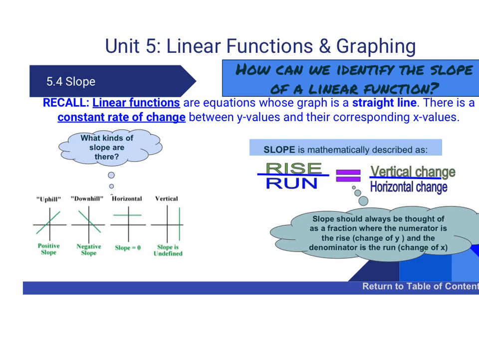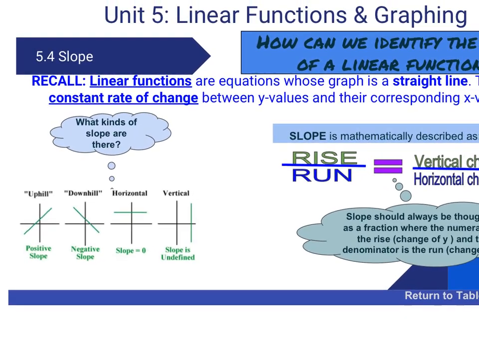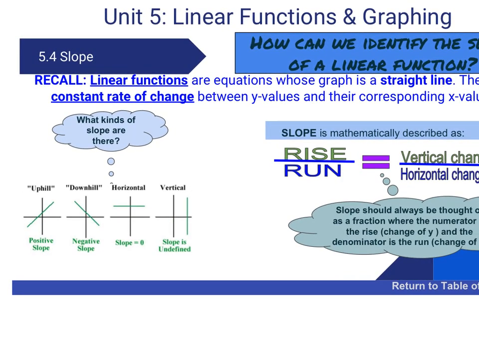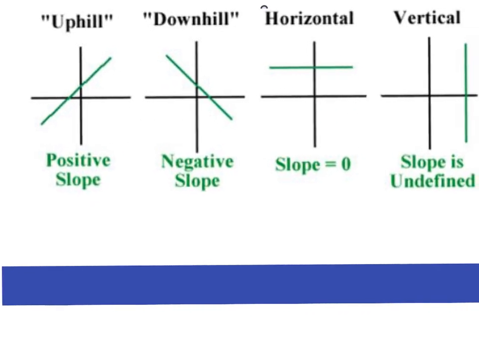And linear functions, if you recall from before we went on brain break, linear functions are equations whose graph is a straight line. There is a constant rate of change, which is what we call the slope of the line. And like I just showed you with the mountaintop, there are 4 types of slopes.